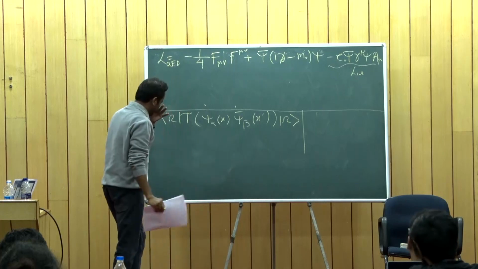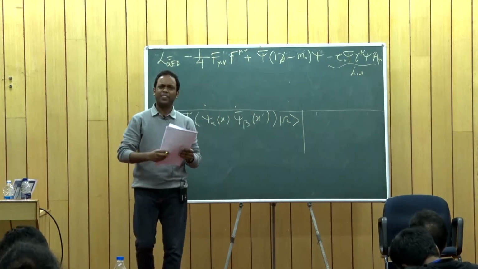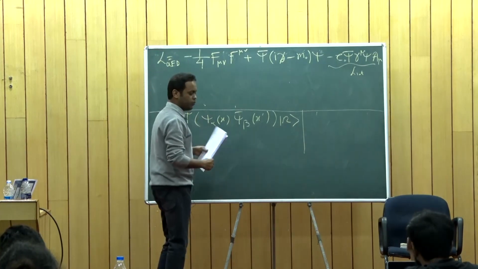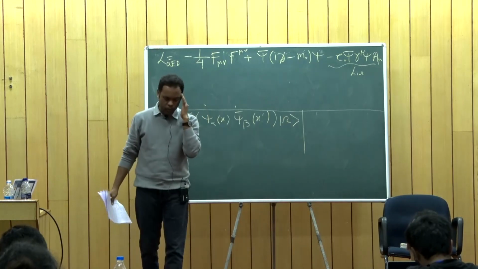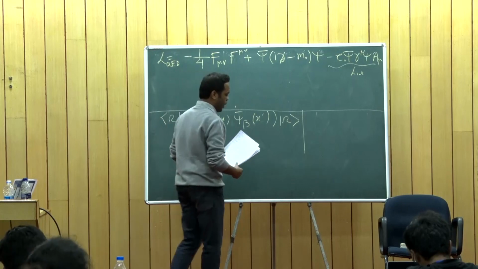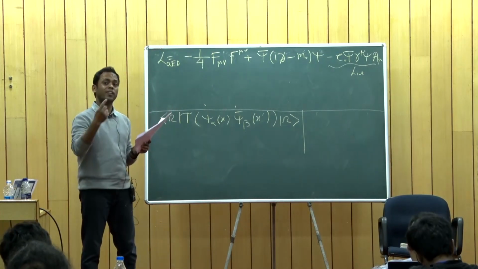If you recall the expression that I wrote earlier, in perturbative quantum field theory we calculate this in terms of the fields in the interaction picture, taking the time ordered product of those fields in the free theory vacuum.